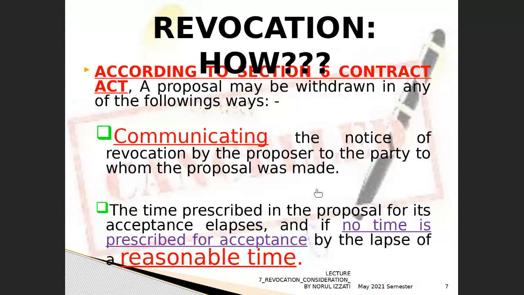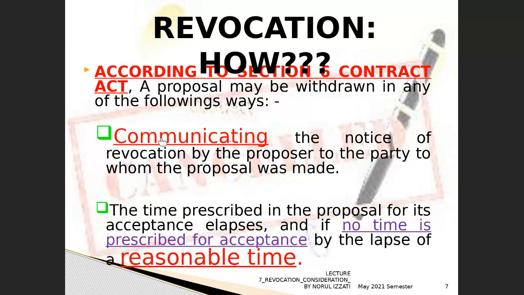Okay, next one. According to Section 6 Contract Act, a proposal may be withdrawn in any of the following ways. This slide actually shows how the revocation is being carried out. In what scenario is the revocation allowed? Number one is by communication of notice, maybe by post, maybe by writing, by oral. So that means the communication has to be done.